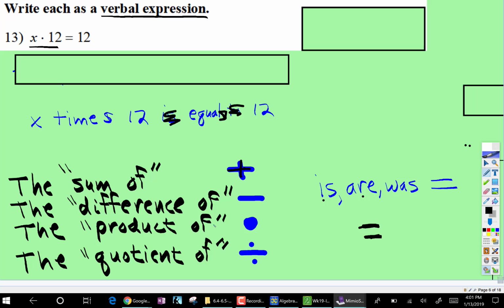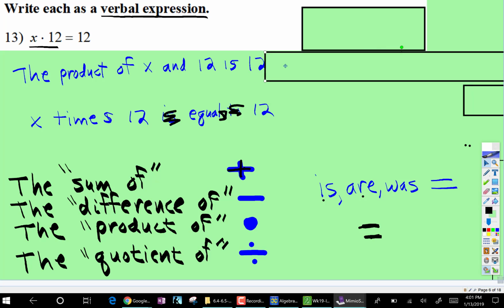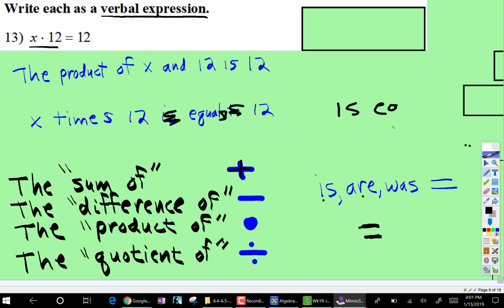The product of x and 12 is 12. Remember, is means equal. So I don't even have to say is equal to. Is means the equal sign. Okay, that's it for this one.